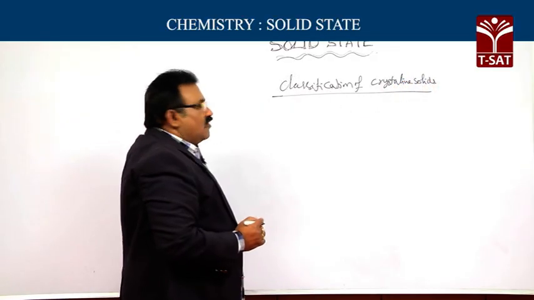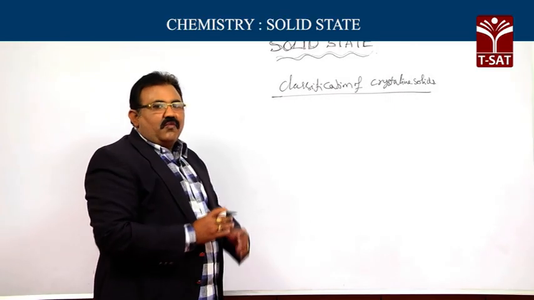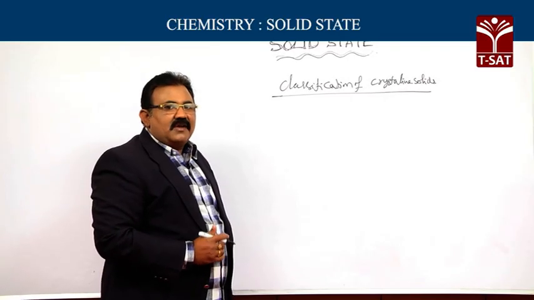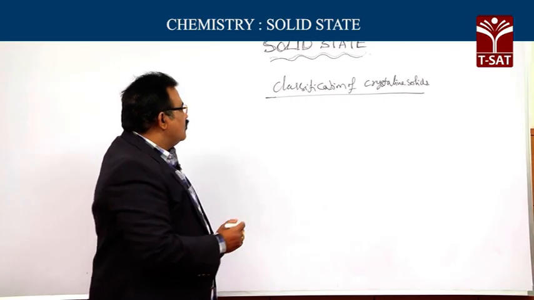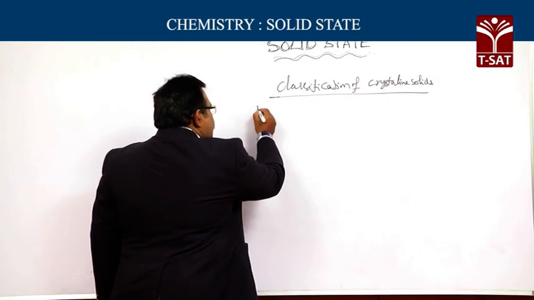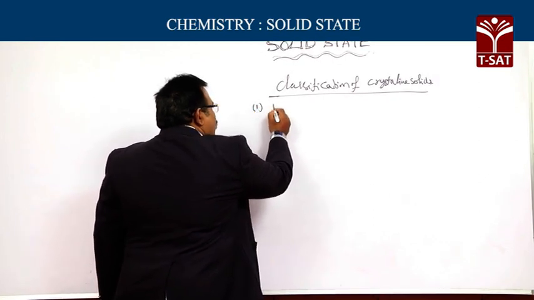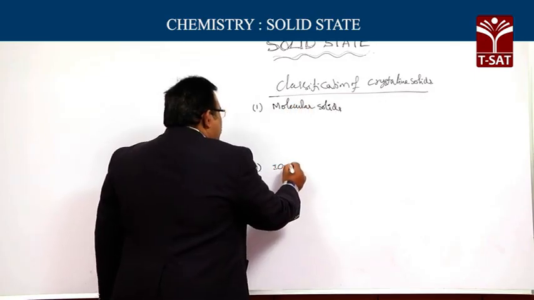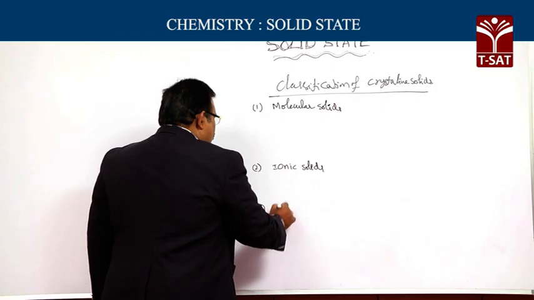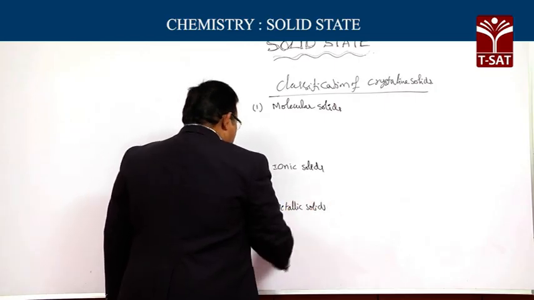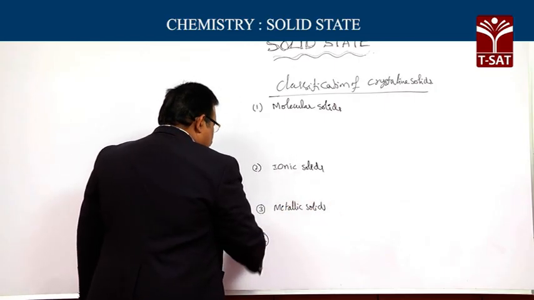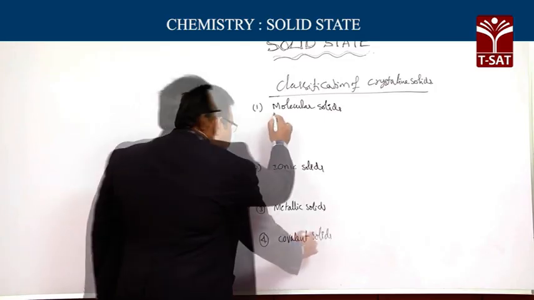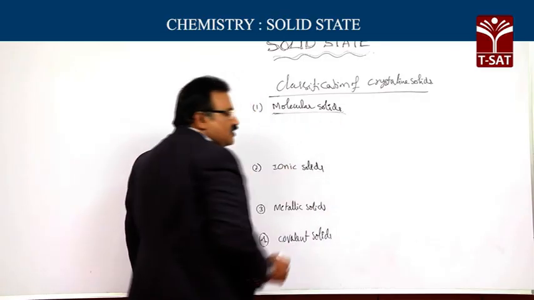Based on the nature of forces existing among the constituent particles, crystalline solids are classified into four types of solids: molecular solids, ionic solids, metallic solids, and covalent solids.